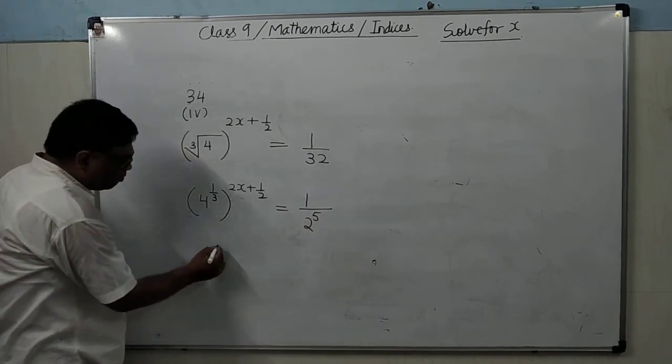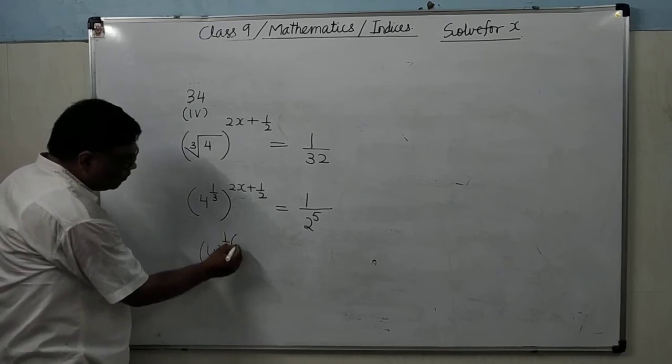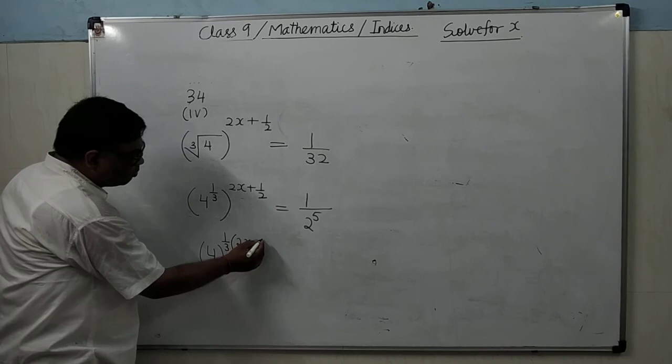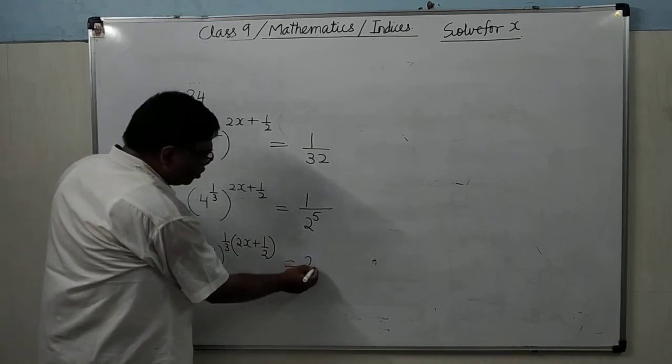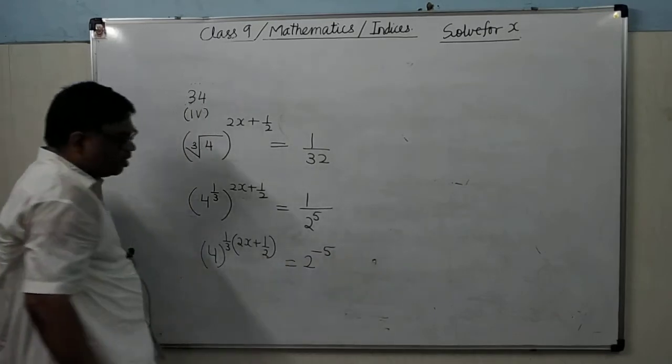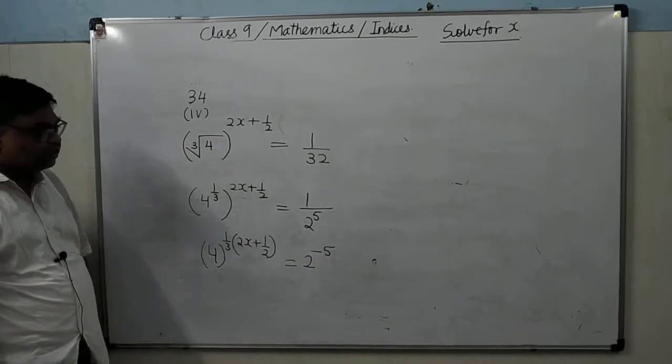When powers multiply, it will become 1 upon 3 into 2x plus 1 by 2 equals 2 to the power minus 5. Now here the right hand side base is 2, but here the base is 4.